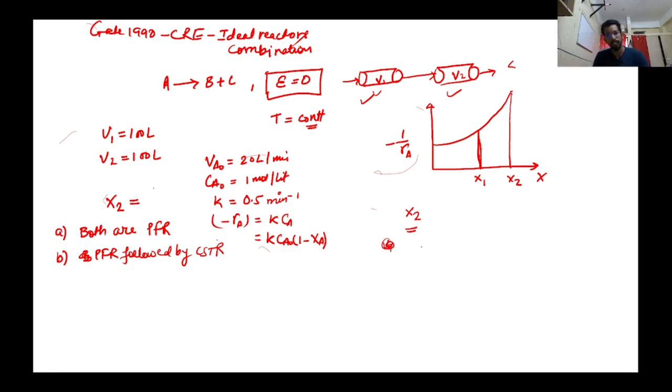But see from the graph, if I add the volumes of both reactors, that is V1 plus V2, I will get the same conversion X2 as when solving individually.